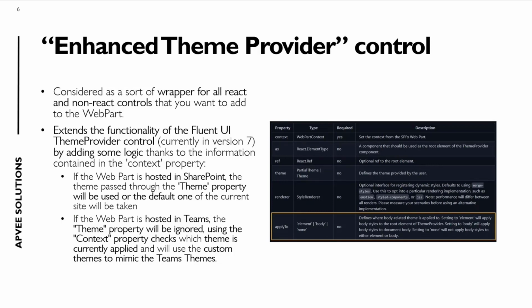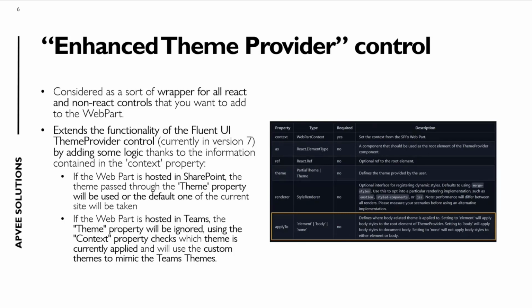This control is considered a wrapper for all React and non-React controls and basic HTML elements. And this control extends the functionality of the Fluent UI ThemeProvider control by adding some logic. Basically, it has the same properties as the ThemeProvider control, but I added a new property, the context.